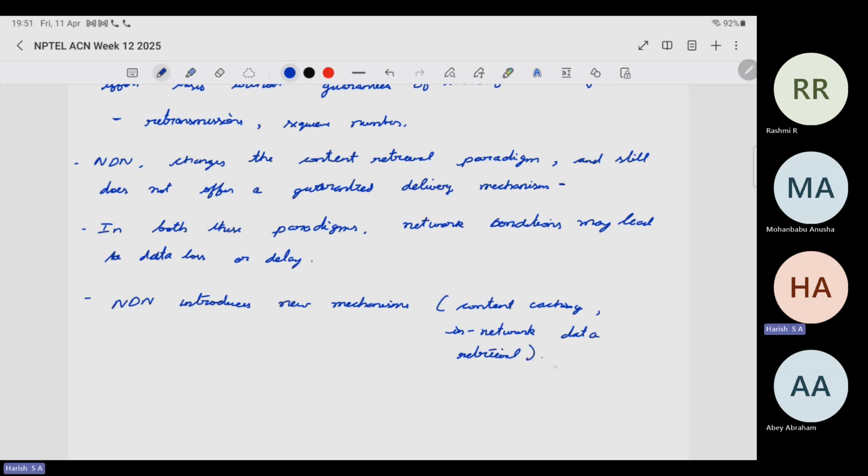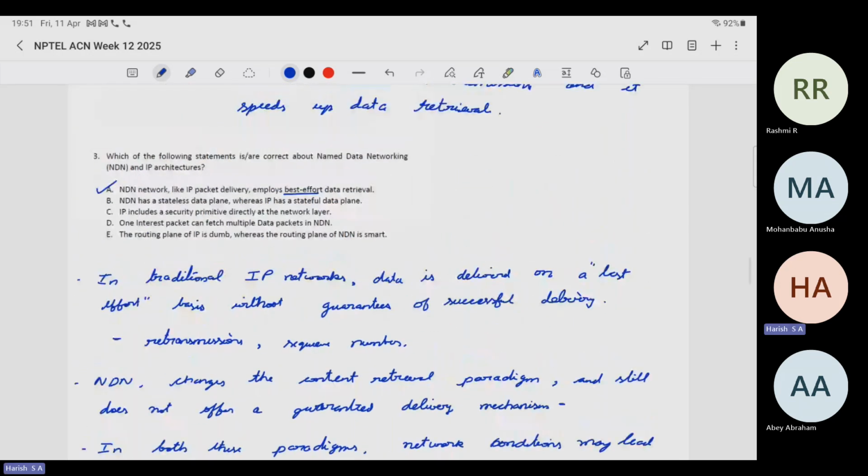But even though it introduces these mechanisms, it fundamentally still uses a best effort approach. In case a packet is lost, it is retransmitted using mechanisms which could probably piggyback on the concepts used by IP networks. Right? Okay. So now we know that A is correct.